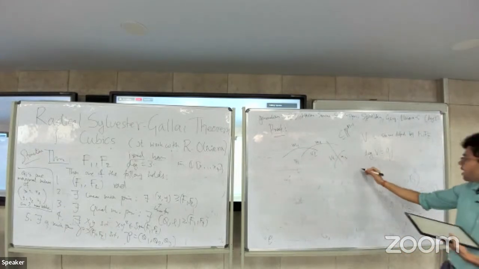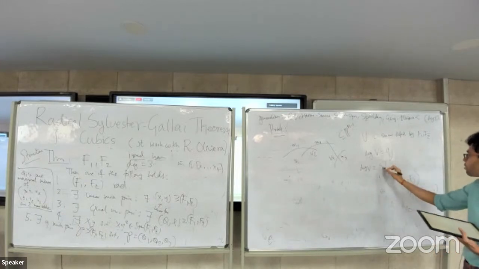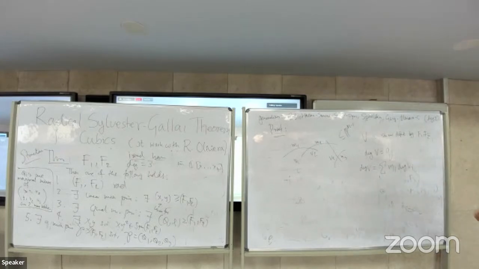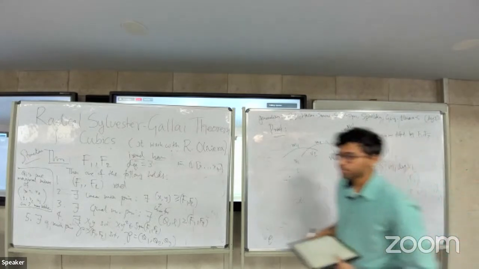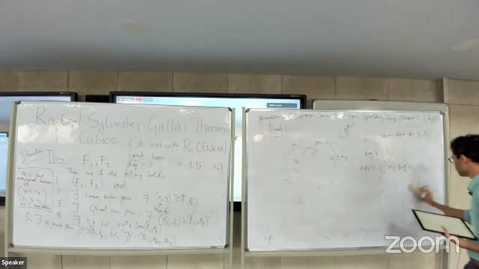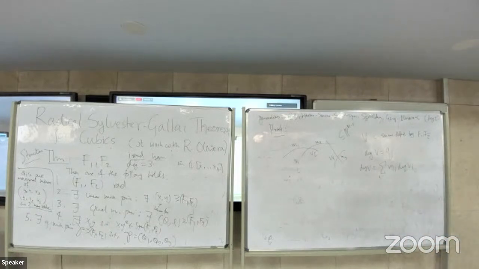And what does it tell us? That degree of V should be equal to the sum over multiplicity times degree of the components, right? Okay. So on this side is 9, right?